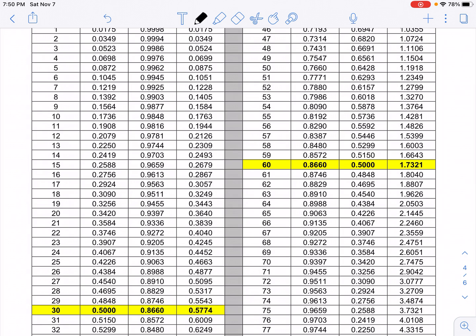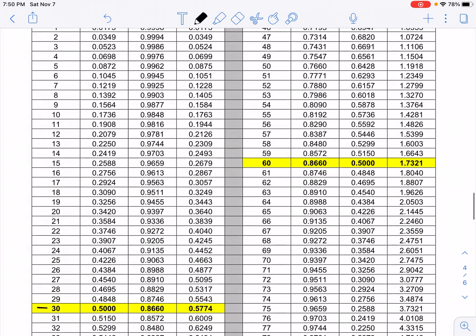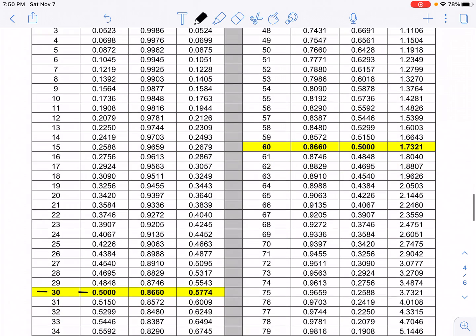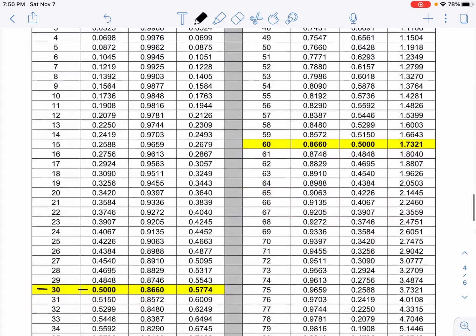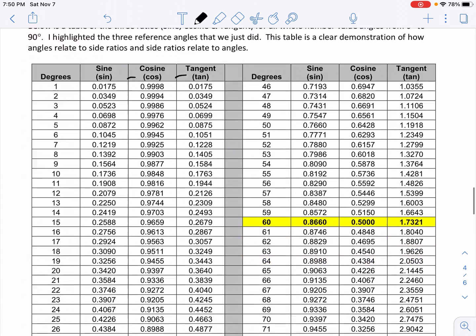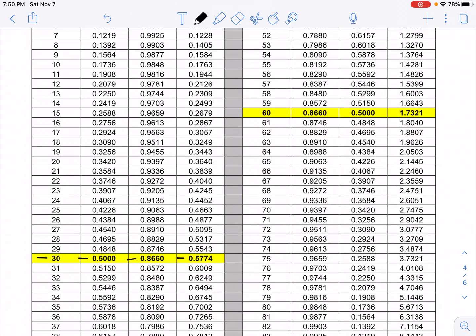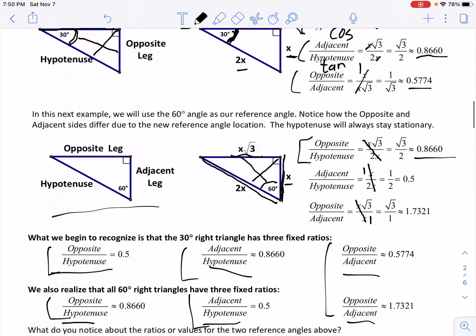If we look at 30 degrees, the sine, remember that's opposite over hypotenuse, gave us 0.5, just like we found. Cosine, which is adjacent over hypotenuse, gives us this. And tangent is opposite over adjacent, gave us this. Those numbers match the ratios that we found up here for 30.